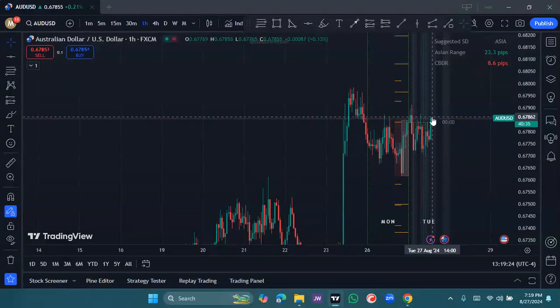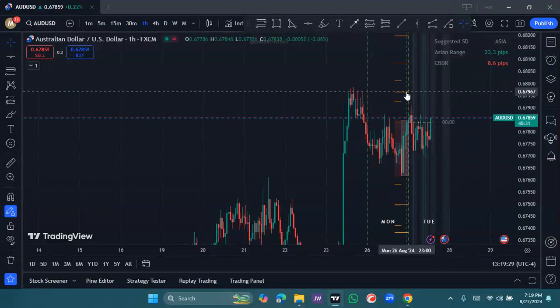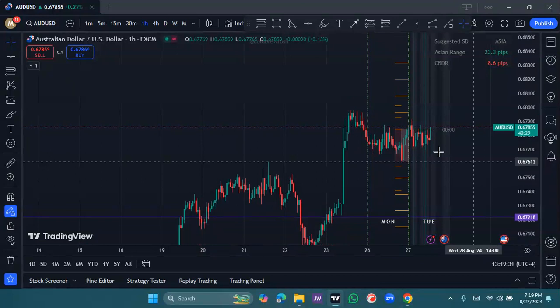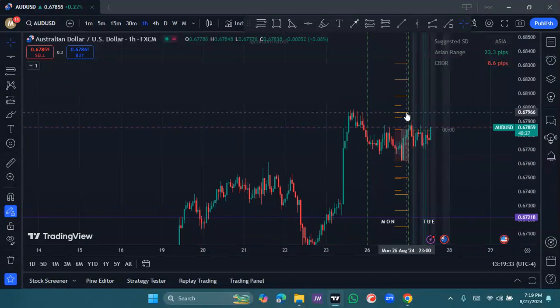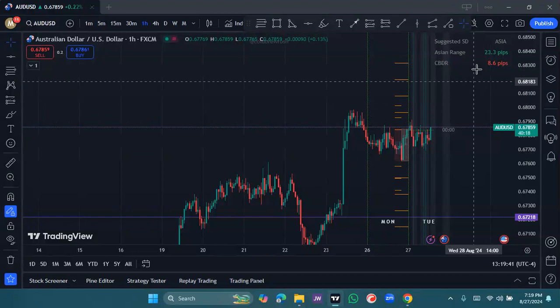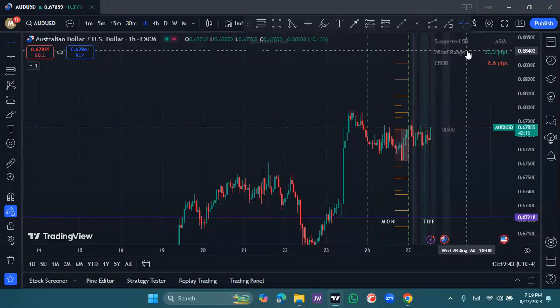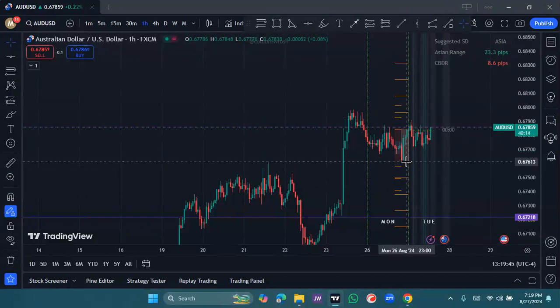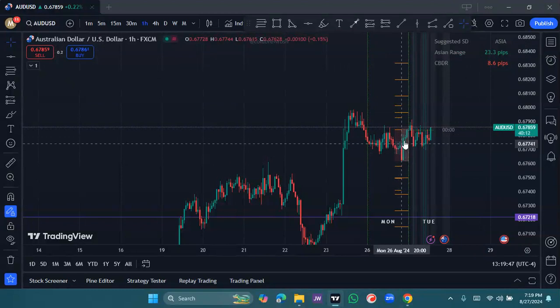If you want it, maybe you can place your stop loss over here. You might place your stop loss over here, I might place it here, you might place it here. Last level here. I think those are the three levels, because you're going to be using the Asian range. Possibly, maybe this is the Asian range.